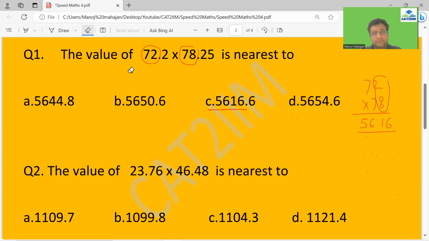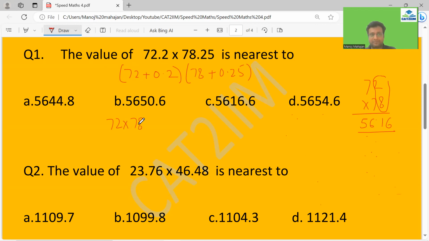So let me tell you the first problem out here, how I'm looking at it. Then the other problems, I'm not going to explain that stuff. You would be able to easily understand what I'm doing. See, we are doing basically like this: 72 plus 0.2, doing it for the first time. So I'm doing it like this. Correct? This is what we have to multiply. So 72 into 78, there are so many ways to multiply this.